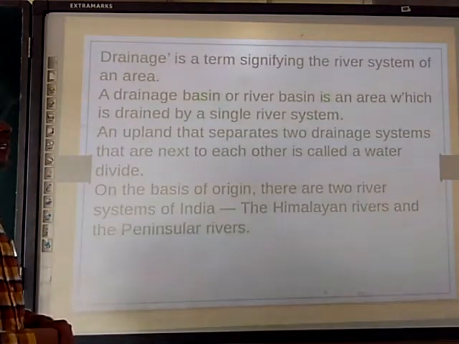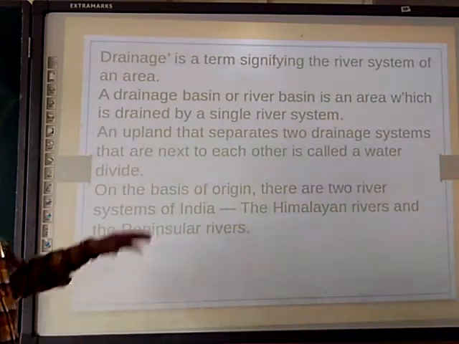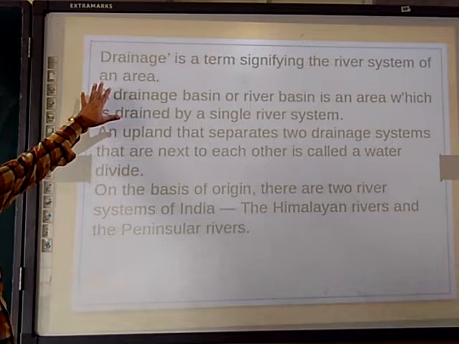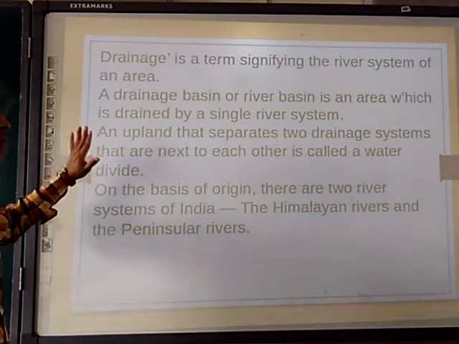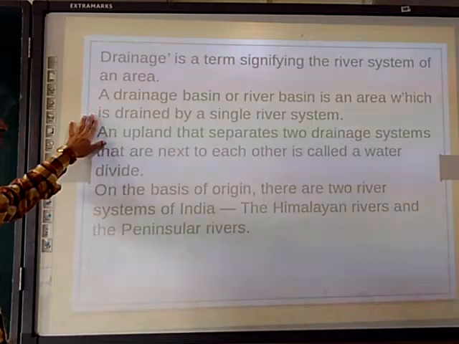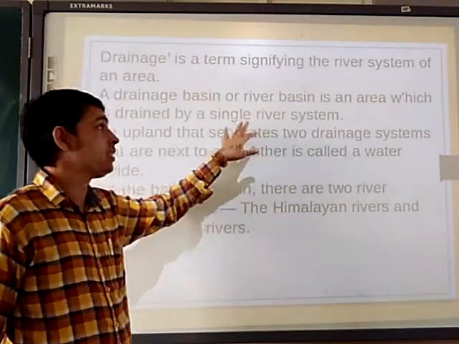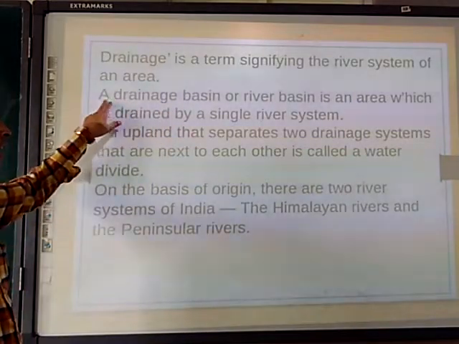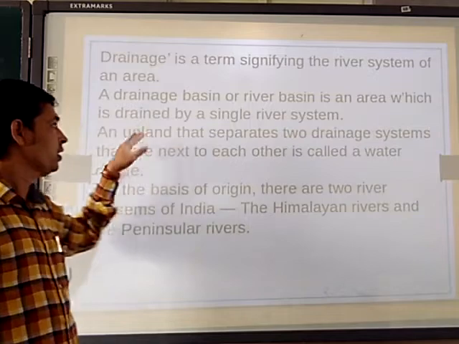Drainage is the term signifying the river system of an area. So the river system of any area is known as drainage. A drainage basin or a river basin is an area which is drained by a single river system. A single river system is going to be called the drainage basin of that particular river.